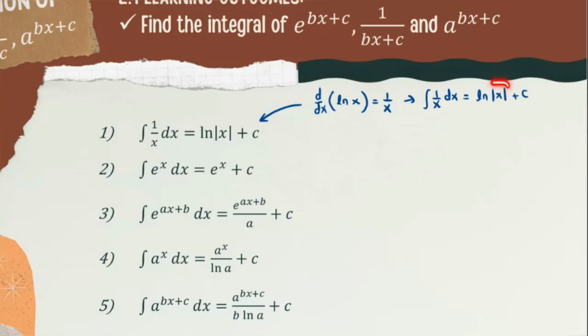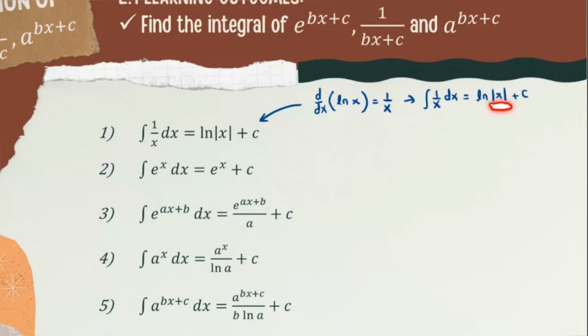So ini kita akan sentiasa tulis dalam modulus sebabnya we know that the function inside this bracket here ni, x ni, x kita ni kan dia always positive. Kan dia mestilah greater than 0 sahaja. So that's why kita akan tulis dia dalam bentuk modulus lah.